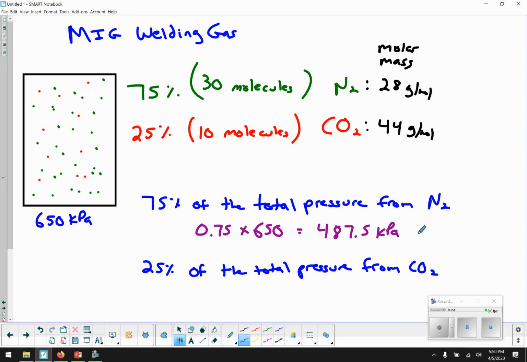And that's just the partial pressure of nitrogen gas. So the pressure of just the nitrogen in there is 487.5 kPa. And of course, then for the P CO2, 650 times 0.25 equals the remaining 162. That's a terrible 6.